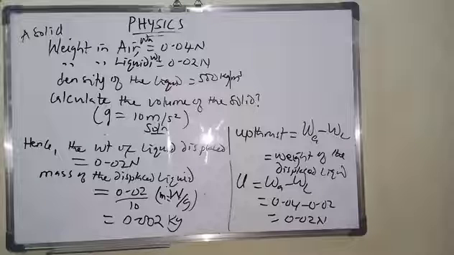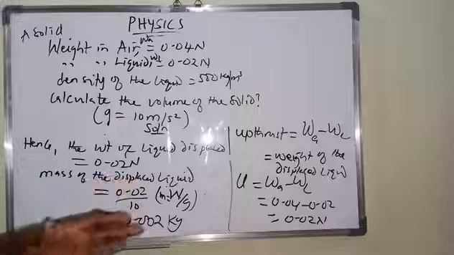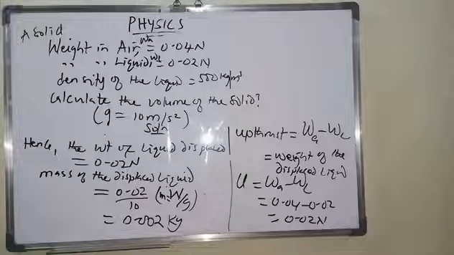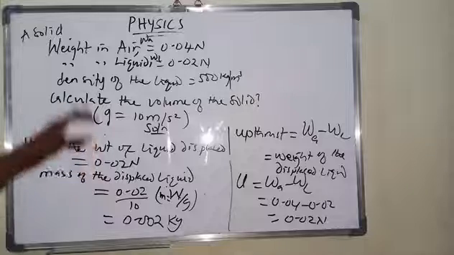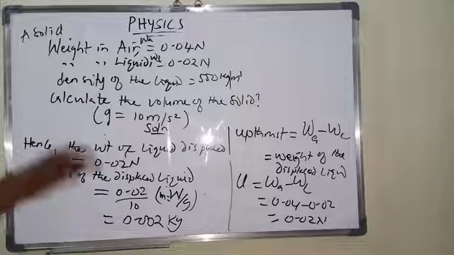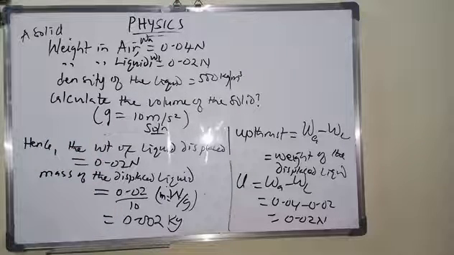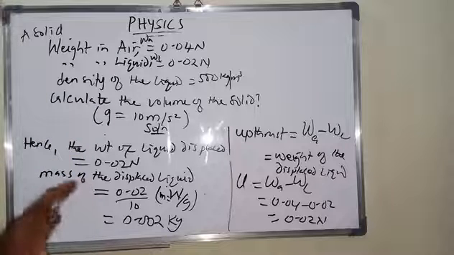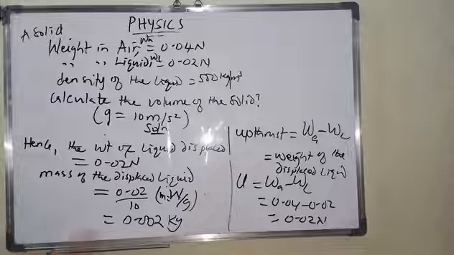So this is the mass of the displaced liquid. So we are not talking about the mass of the entire liquid, but the density of the liquid is an intensive property of the liquid. It does not change with respect to the quantity of the liquid. It's not a volume dependent property. So if we have the mass of the displaced liquid, then we should also have the density of the displaced liquid, not the density of the entire liquid. Density is an intensive property.